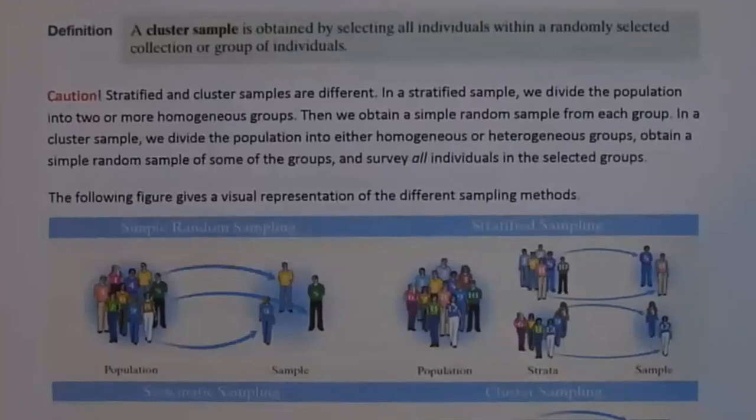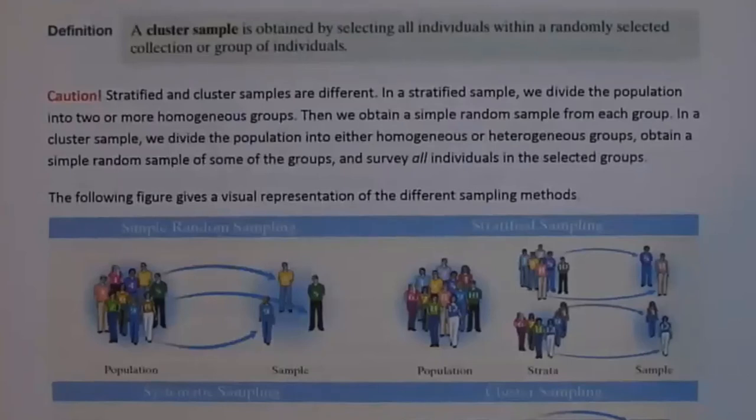In cluster sampling, we also divide the population into subgroups. The difference is typically with cluster sampling, those subgroups aren't necessarily going to be homogeneous. So the individuals that end up in a subgroup may or may not be homogeneous. It's not required that they be homogeneous. And in truth, they're usually not going to be homogeneous. But they can be, okay?